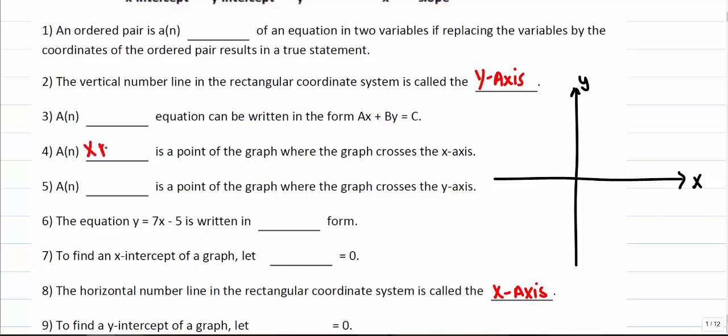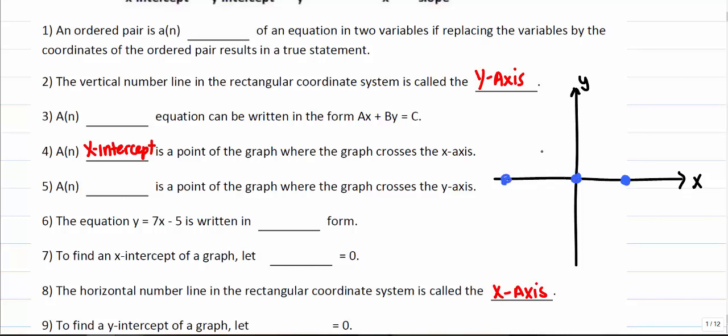An x-intercept is a point on the graph where the graph crosses the x-axis. So that would be like this point here. Or it could be over here, or it could be here.